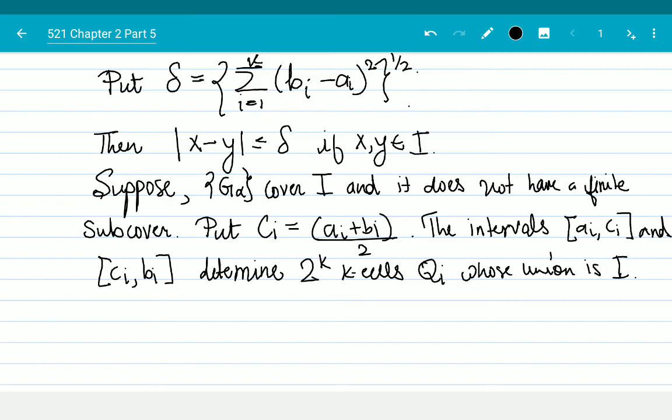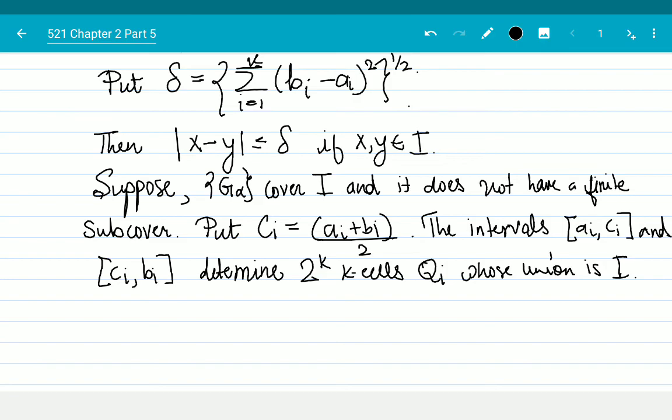Well, what is happening? I have these 2 to the k cells Qi. If all of them can be covered by a finite number of G alphas, then I can take all of these finite collections, put them together, and that covers the entire I. Right?